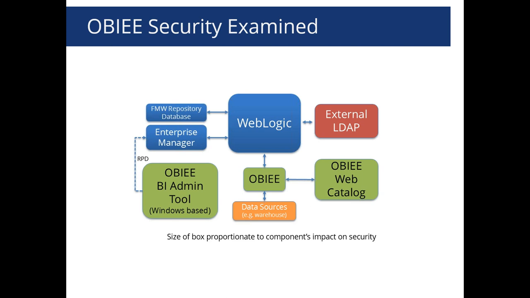But for those of you who might not have attended last week, what is configured within the OBIEE admin tool, the window-based tool used to configure the RPD file, which is ultimately uploaded into Enterprise Manager, has almost as much influence as WebLogic. And on the other side, the OBIEE web catalog certainly has a large impact on security, certainly within the access control list of who can see and run what report and or dashboard.